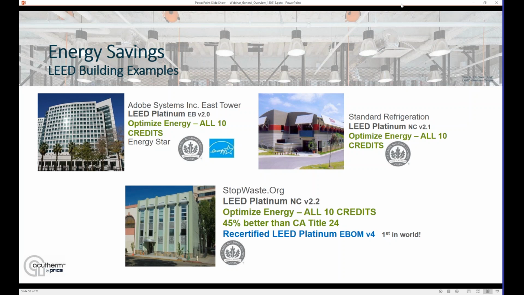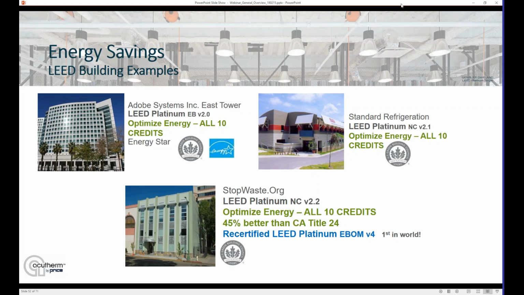When it was built, it was prior to the LEED system getting any momentum, but once that LEED system came into play, they were able to go back on this building, and under the existing building's version of the LEED code or standard, able to get all 10 energy credits for this building where the Therma-Fuser Diffuser system is helping to achieve that. On the right, another LEED Platinum building, again, able to get all 10 energy credits with the Therma-Fuser diffusers throughout their office spaces, helping to achieve that.